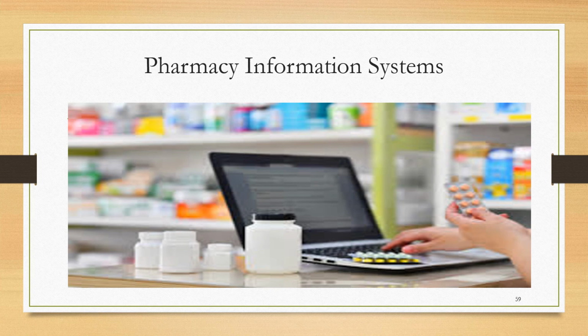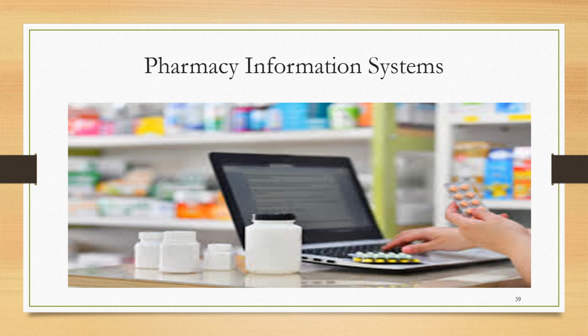Okay. The last information system in our lecture today is the pharmacy information system. In recent years, the advancement of pharmacy information systems has been gaining attention due to the reduction of clinical errors with intelligent warning messages and rejection notices about medications.